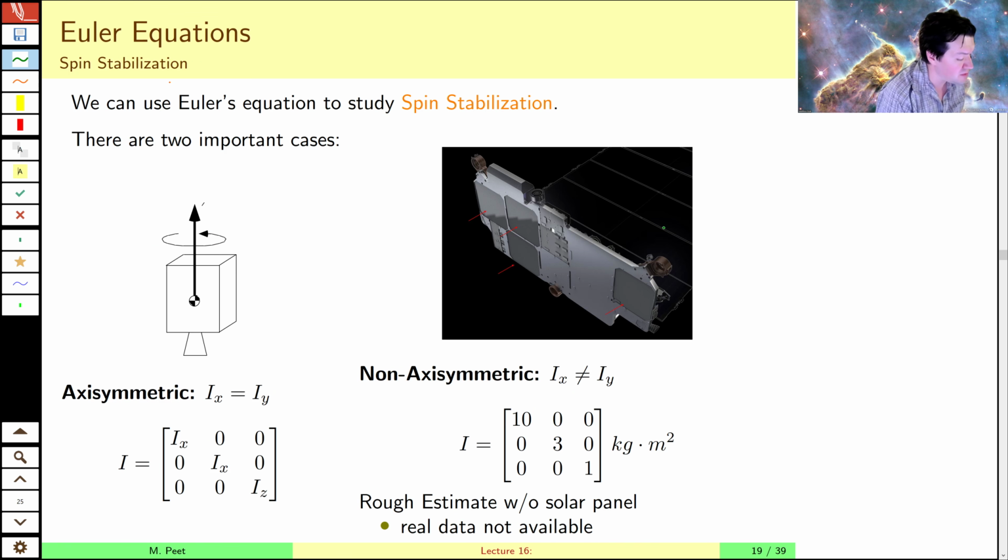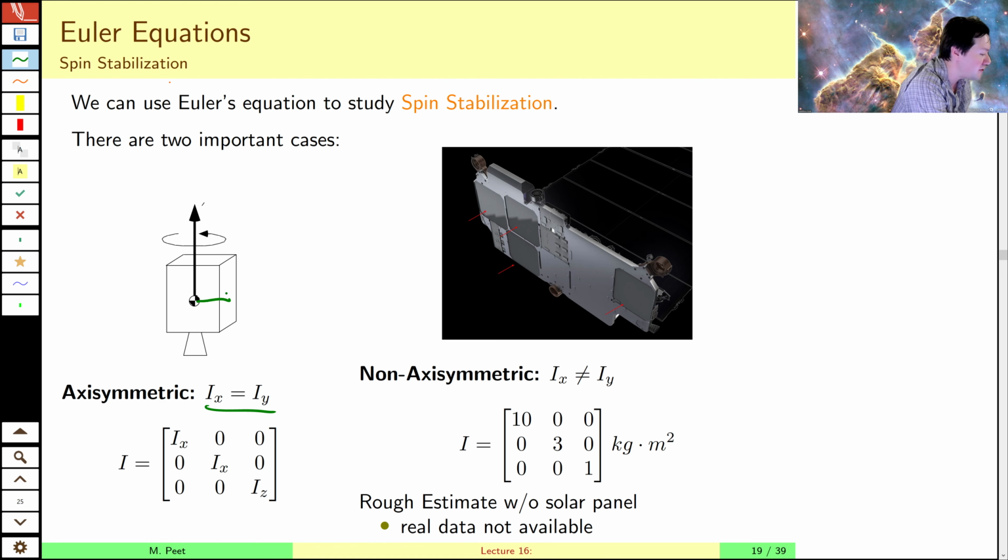So, here's a good axisymmetric spacecraft here on the left. No, it's not much of a spacecraft, but it sort of looks like one. And that means, well, it's not actually symmetric about the axis completely, but it has this important component that Ix equals Iy.